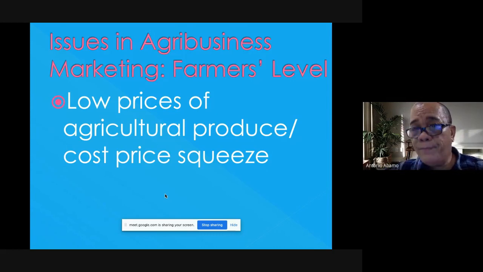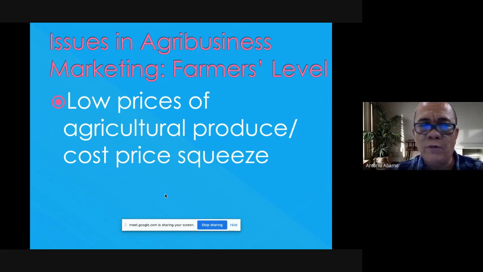That's why the normal platform or paradigm now is clustering of producer groups into what we call agribusiness clusters.